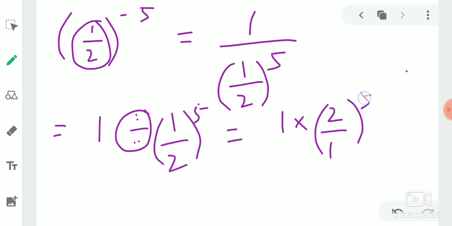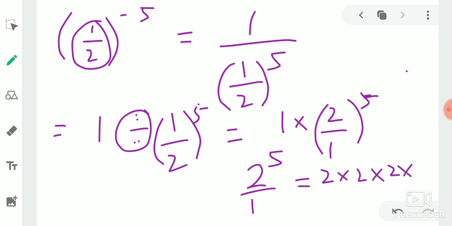Or I can say 1 multiplied by 2 is 2, raised to power 5 divided by 1, or 2 multiplied 5 times: 2 2s are 4, 2 4s are 8, 2 8s are 16, 2 16s are 32, which will be the answer of this example.